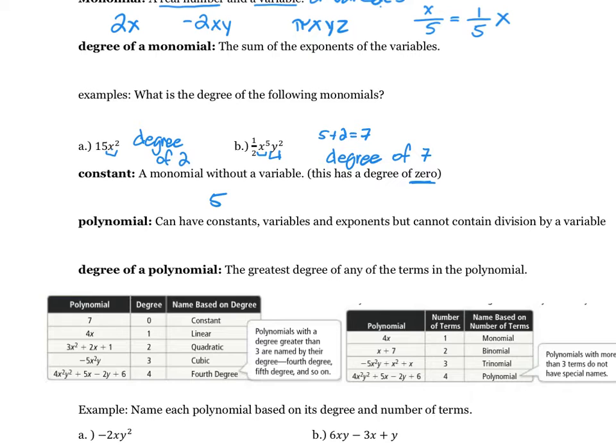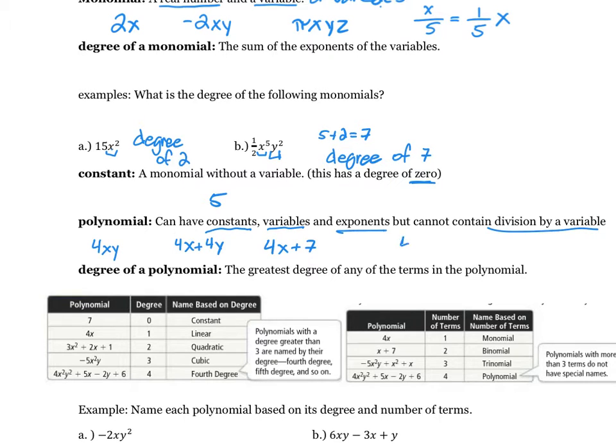So a polynomial can have constants, variables, and exponents, but cannot contain division by a variable. So rather than giving you a definition, let's just talk about what it would or would not look like. Okay, so this could be a polynomial. It could have constants, so we could have 4x plus 7, that's a polynomial, but it cannot contain division by a variable.